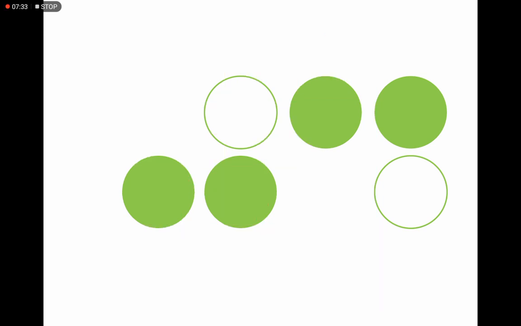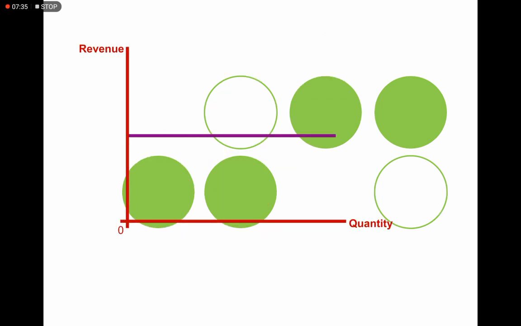So if we have a look at what that's going to look like, average revenue was constant at £2, but also marginal revenue. So in this situation, under perfect competition, our average revenue and marginal revenue is identical at £2. It doesn't make any difference. It's £2 all the way along, no matter how many we sell.